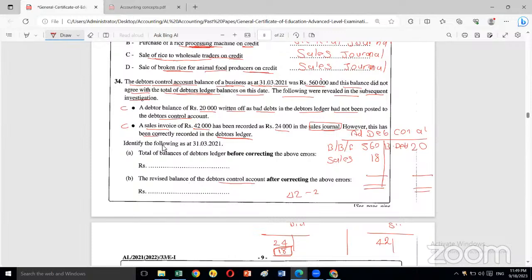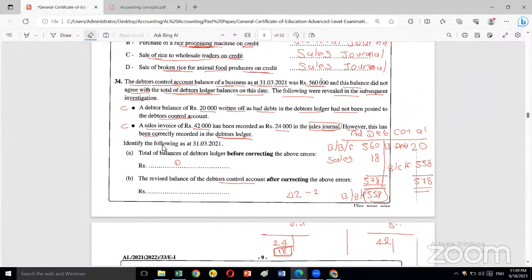If I balance this off, 578. 578 minus 20 is 558, balance c/f, and balance b/f 558,000. So what is the correct answer? I am going to record 558,000.